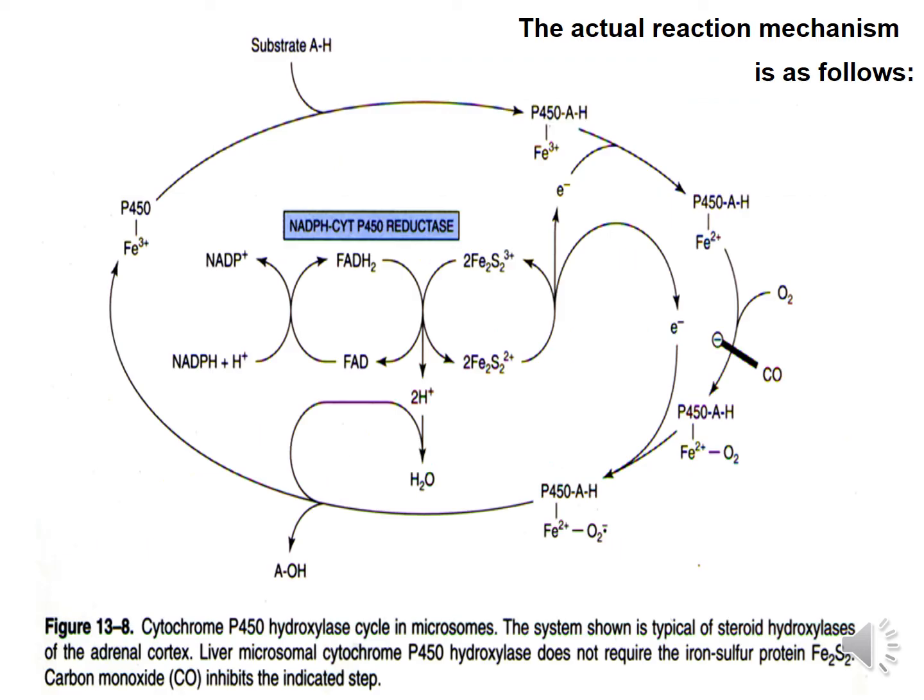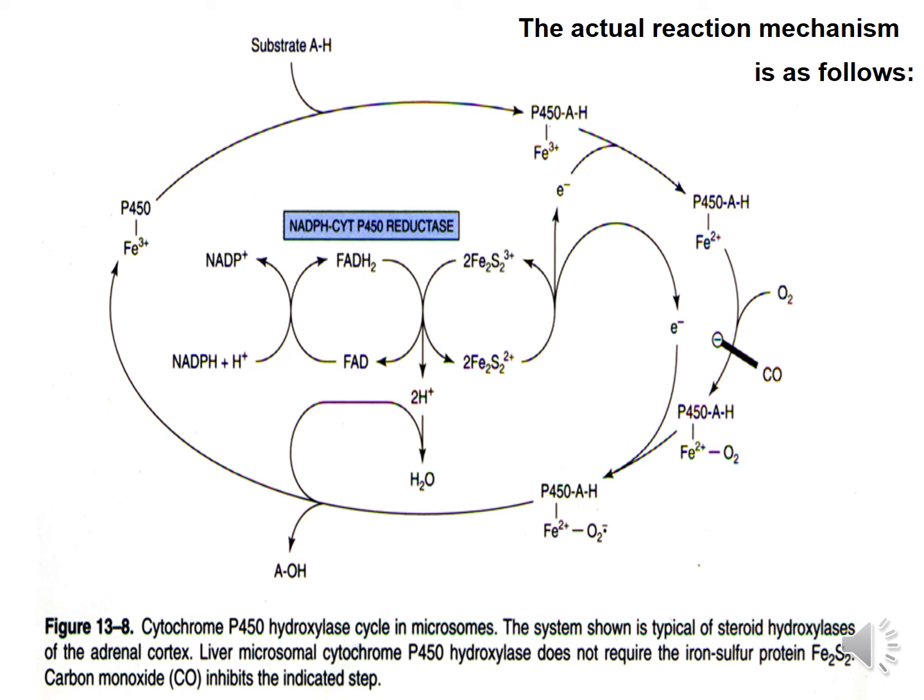The actual reaction mechanism is as follows on the picture. You can see the cytochrome P450 hydroxylase cycle in microsomes. The system shown is typical of steroid hydroxylases of the adrenal cortex. Liver microsomal cytochrome P450 hydroxylase does not require the iron sulfur protein.